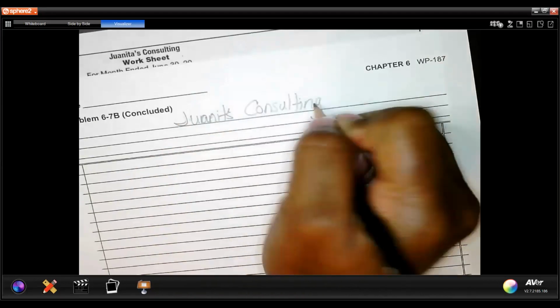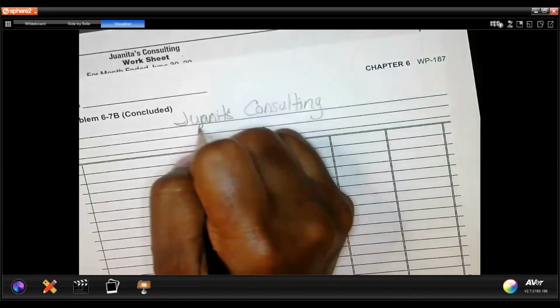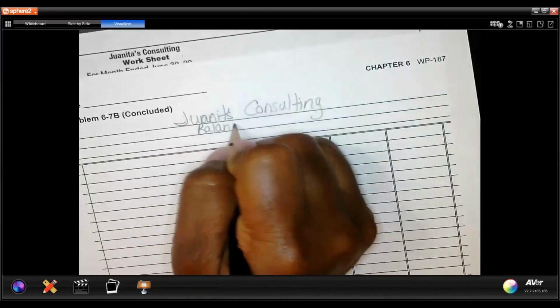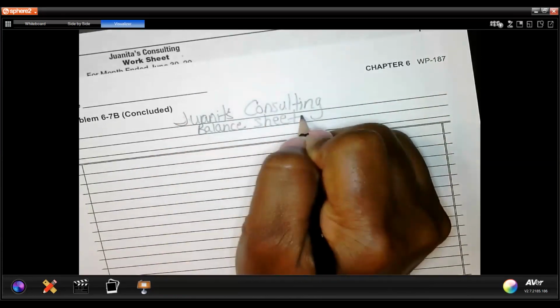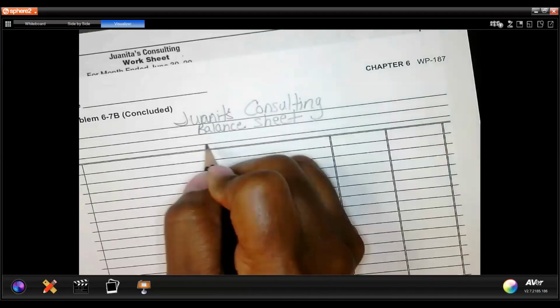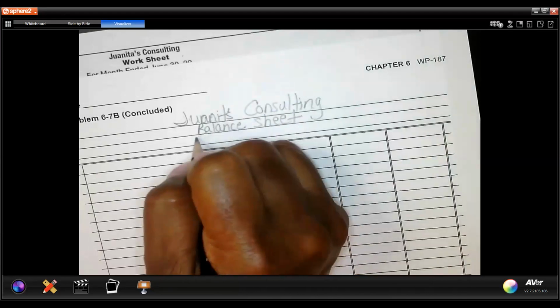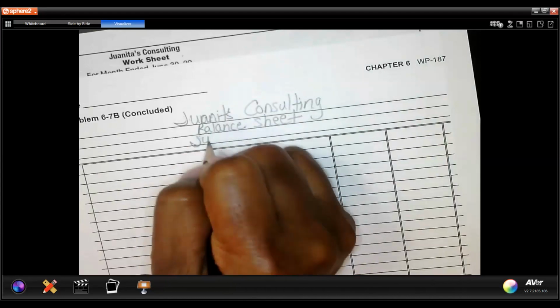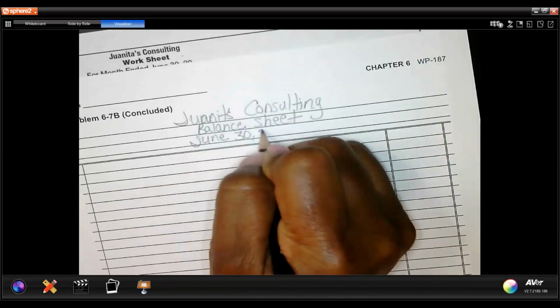And then, of course, the name of the statement is going to be called balance sheet. And then we're going to put the end of the last day of the month. So we're going to list it as June 30th, and I'll just use 2023.